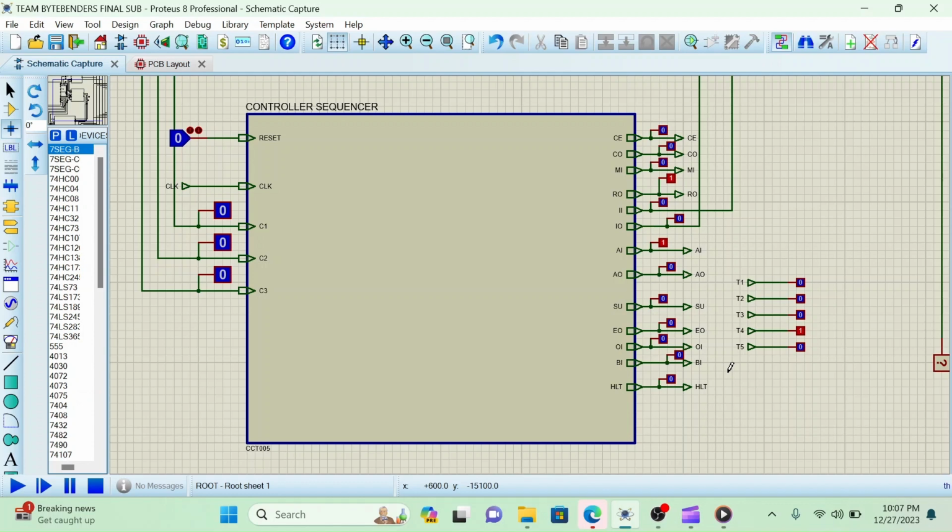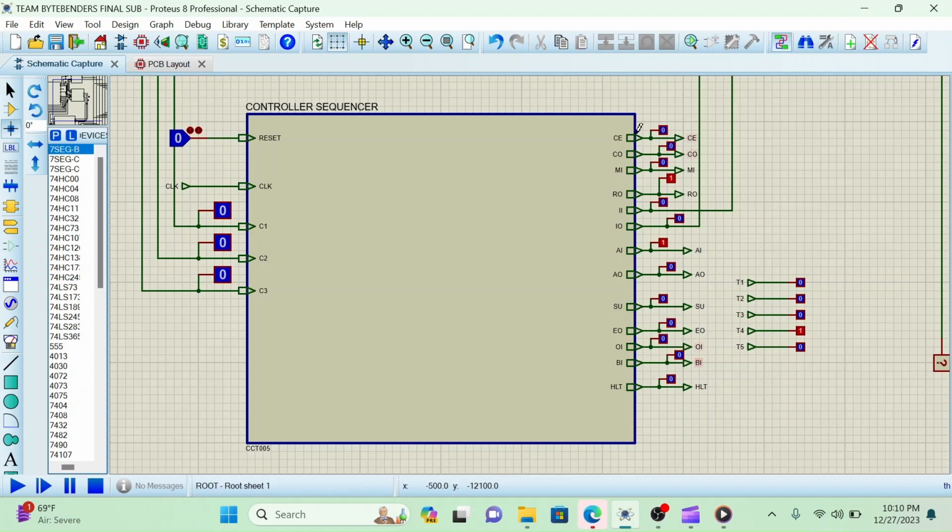The controller sequencer creates 13 bits: 12 signal bits, which are basically the control bits, and a halt signal that is created to halt the function of the clock. Whenever the halt signal becomes activated, or becomes 1, the clock turns off. That means the entire system turns off, as there is no clock pulse being supplied to the input of the modules.